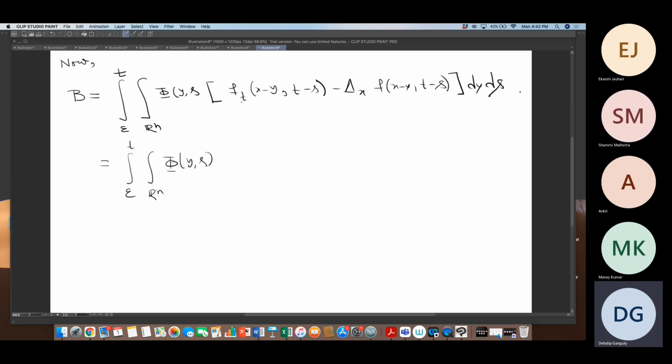I have this derivative with respect to t. I want to make it a derivative with respect to s. What do I have to do?